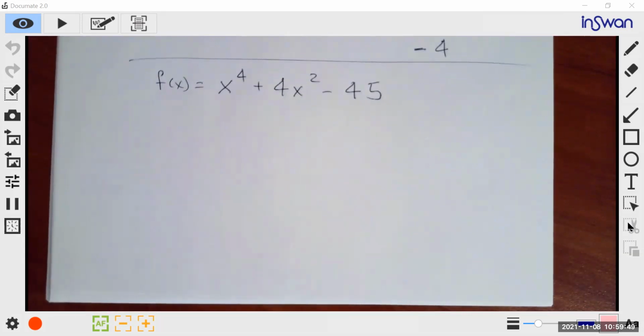Solve that one for me. Sketch the graph. Roughly, don't have to be exact.